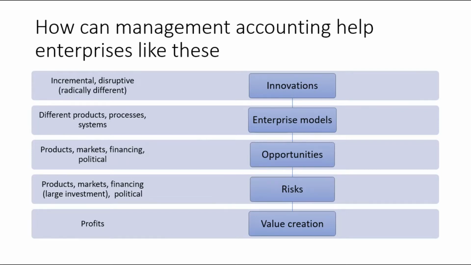So how can management accounting help enterprises like this? There are 5 aspects to note. First is the innovation, whether it's an incremental, disruptive, or radically different innovation. Second is the enterprise model used, with the different products, processes, and systems.